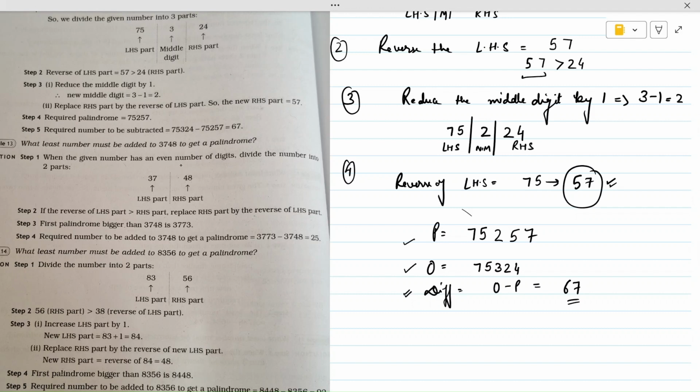The first step is, we have 4 digits in this number, so we can divide it into 2 equal parts. We have one LHS and one RHS also. 37 is LHS, 48 is RHS. Now we are going to take the reverse of 37. So the reverse of 37 is 73, right?